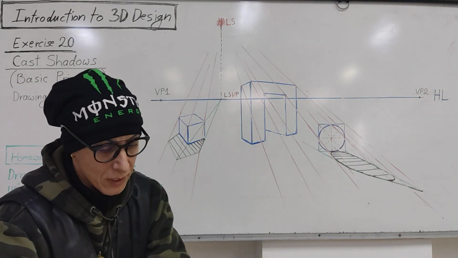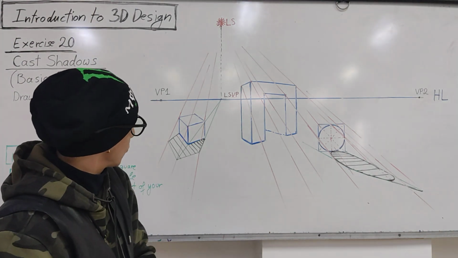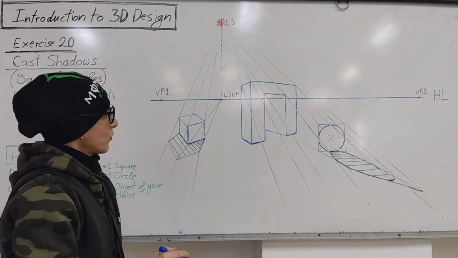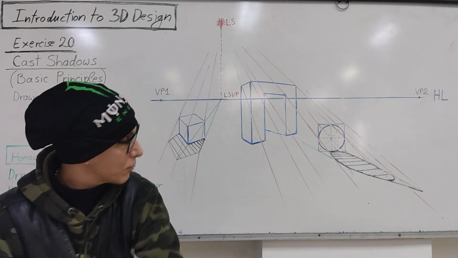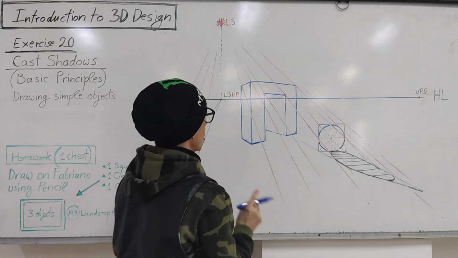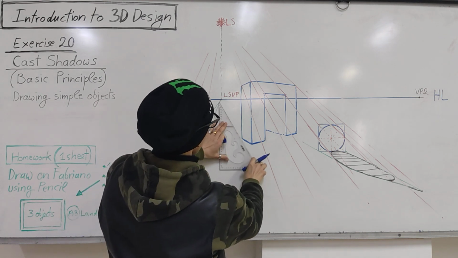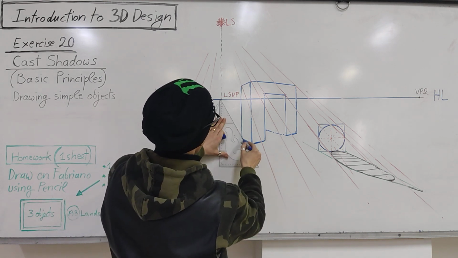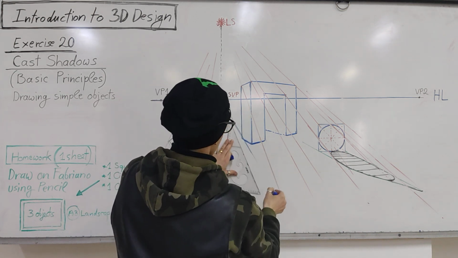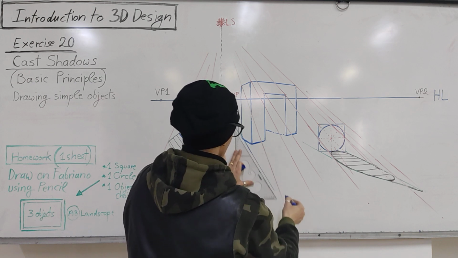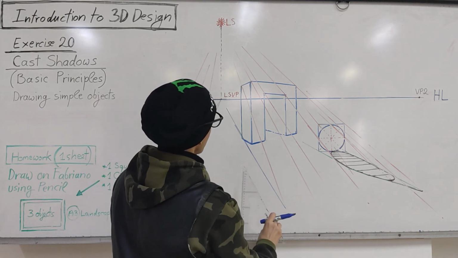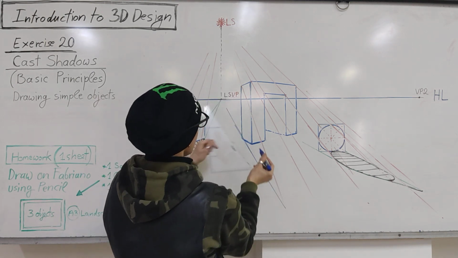Now, through the lower points, let me use this color here. So, now, through the light source vanishing point, through which points? This point, this point, this point, this point, and this point. And this point now.